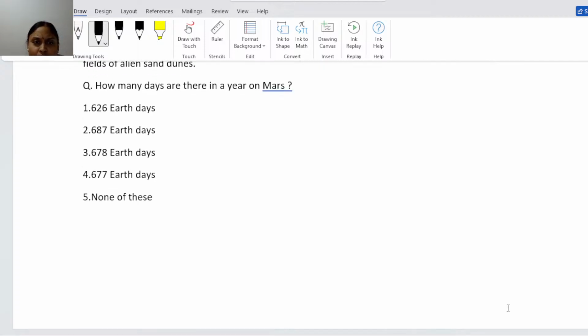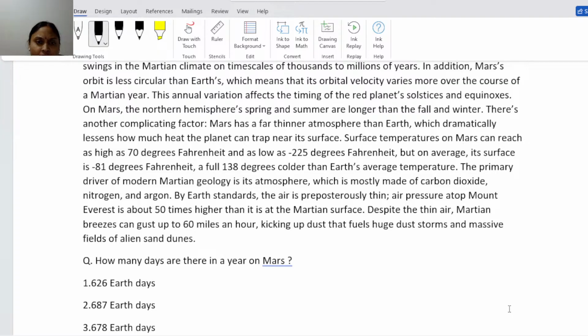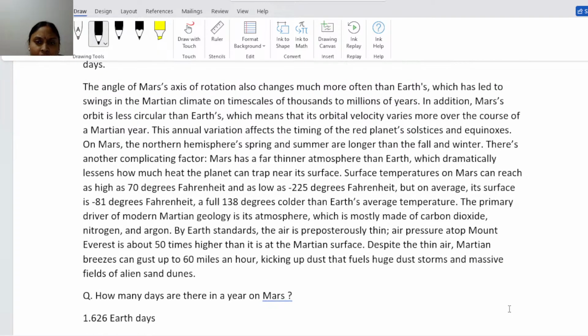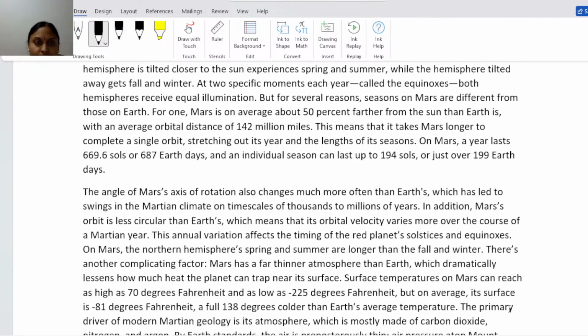So regarding this also, we have to see. It is given here. See here.